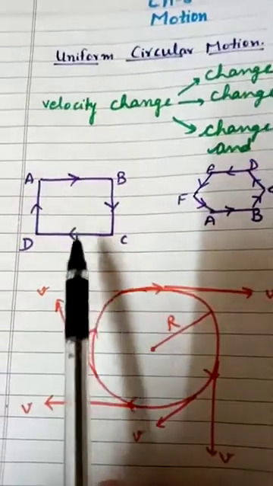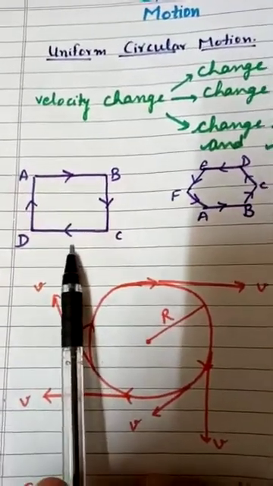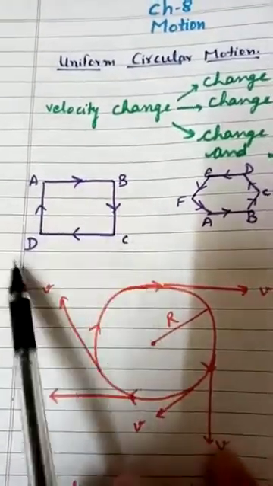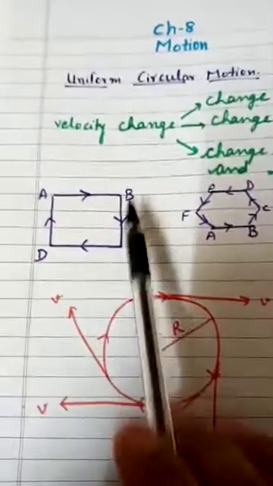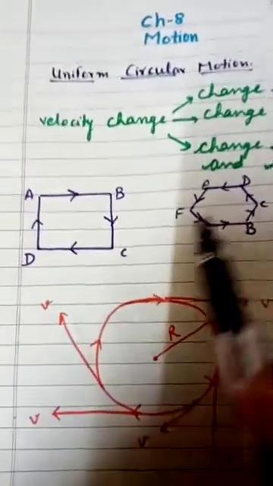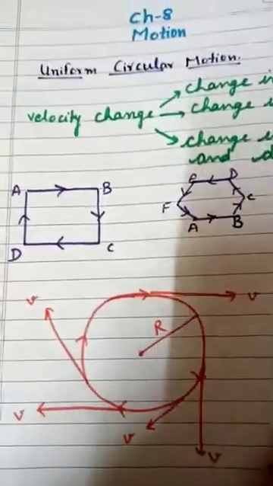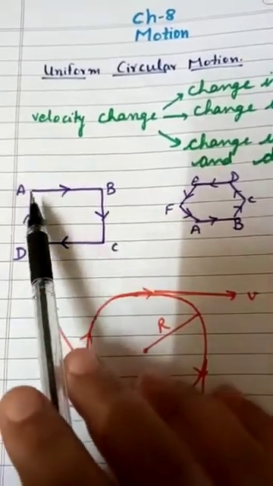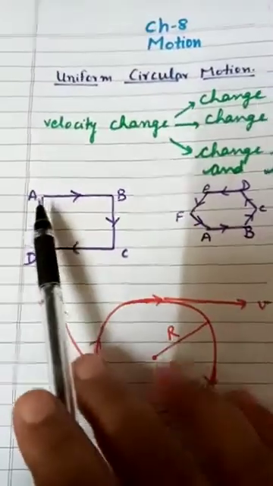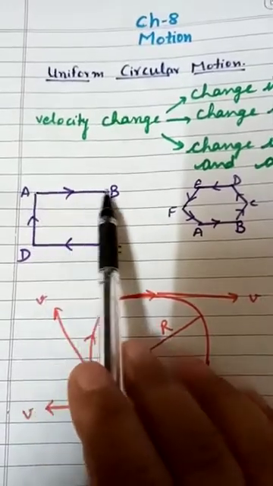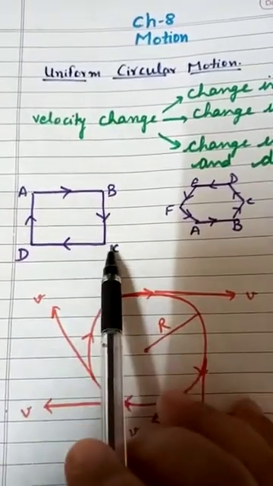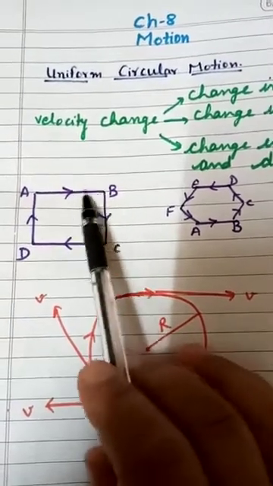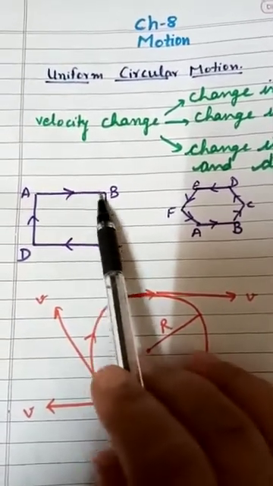Suppose we have a square or rectangle with 4 sides, A, B, C, D. Now here the object is moving with uniform speed, but its velocity changes. How many times? Let's see. The object moves from A to B, then B to C. When it moves from B to C, there is a change in direction, so velocity changes here.